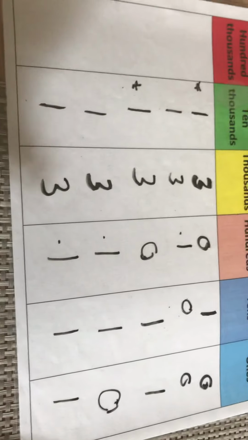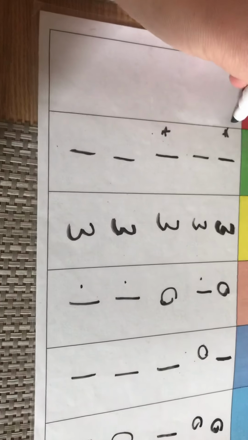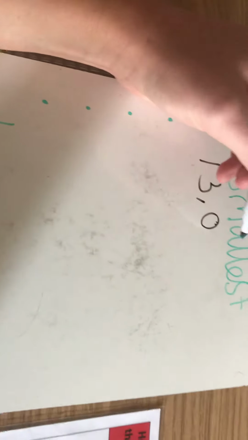So have a think of 13,010 and 13,011, which is the smallest. That's right, it's the first one. So I'm going to put smallest, 13,010, which would mean that my second smallest is 13,011.